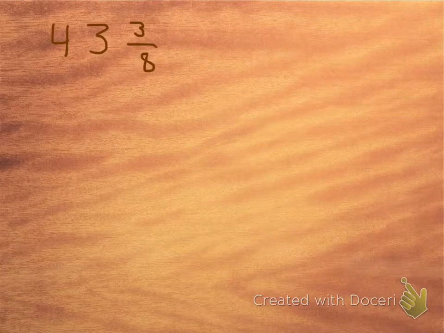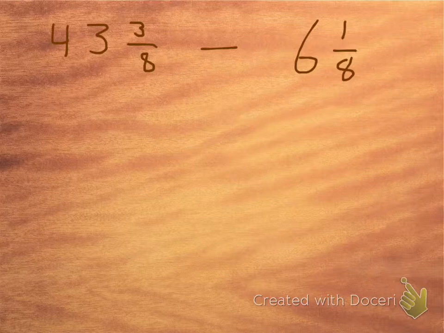So what's the largest number that we have here? 43 and 3/8. And what's the smallest? 6 and 1/8. Now we have to do around the world because we don't want to mess with mixed numbers.